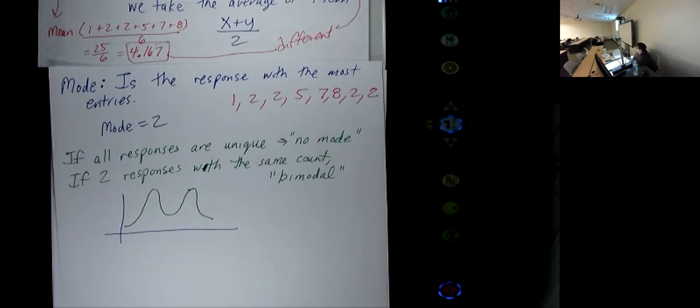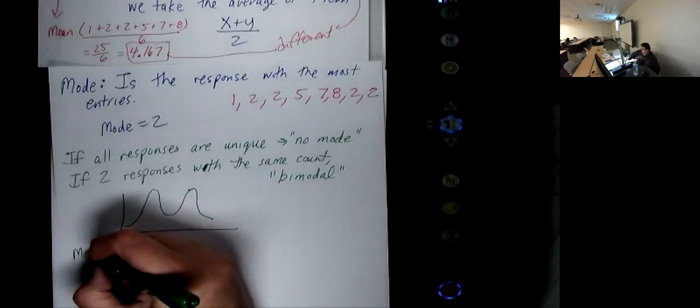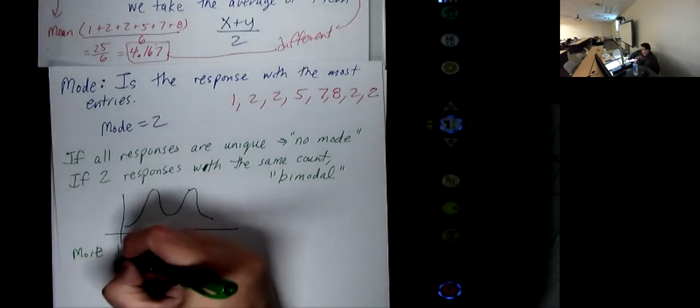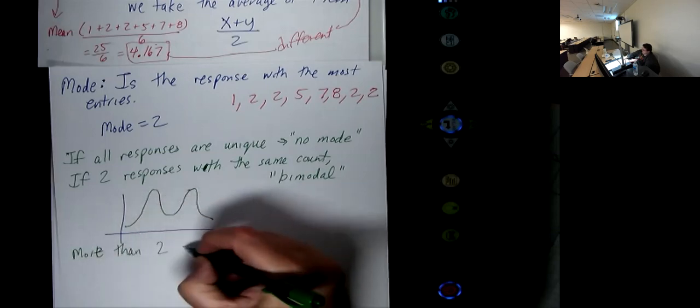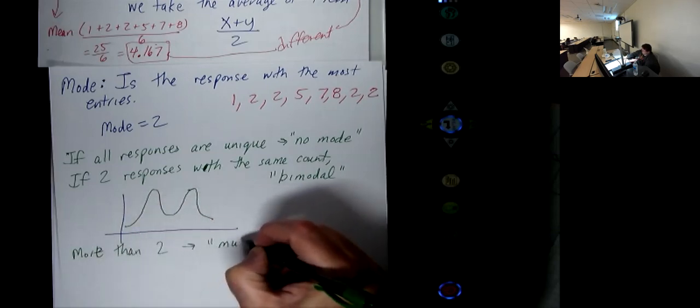The humps might be right next to each other, so it looks like one hump. Like if it was just 2 and 3 were the answers, they're really close to each other, so you wouldn't be able to distinguish them from each other. But generally, if you see 2 like that, it's going to be bimodal. And then if they have more than 2, they stop coming up with good names. They just call it multimodal.